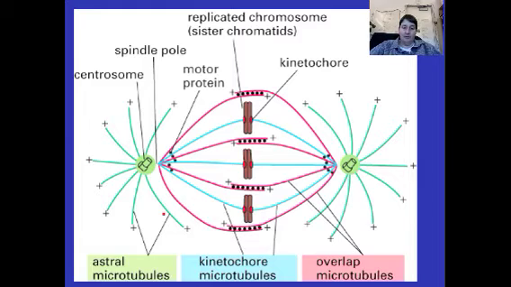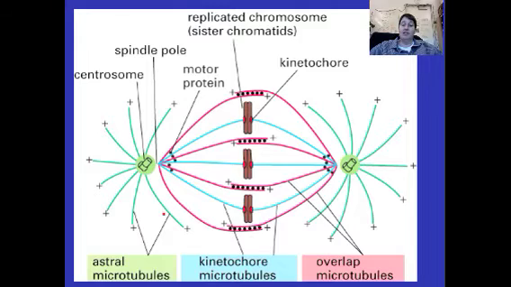Which ones are those? Kinesins. What are the minus-end microtubule motors? Dyneins. So at the middle of the spindle complex, you have motor proteins on the overlap microtubules that are kinesins. And notice you also have motor proteins on the spindle complex very close to the centrosomes.